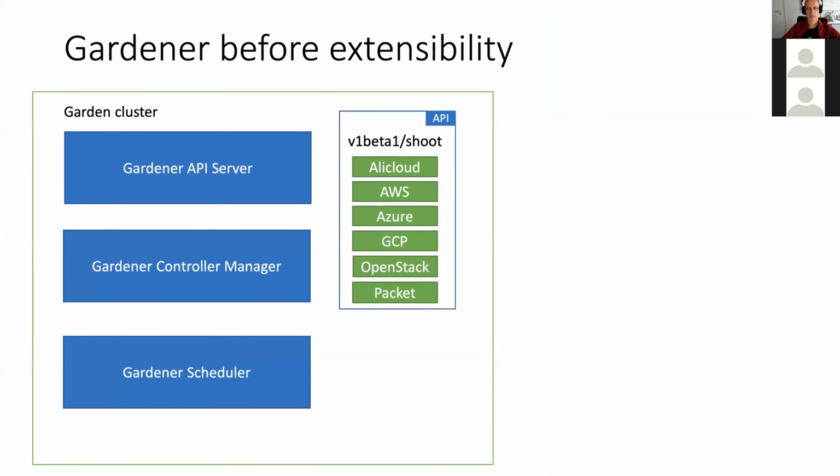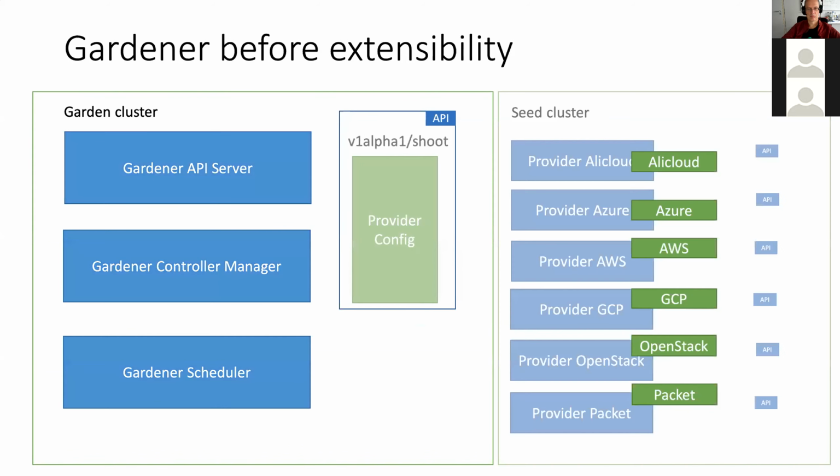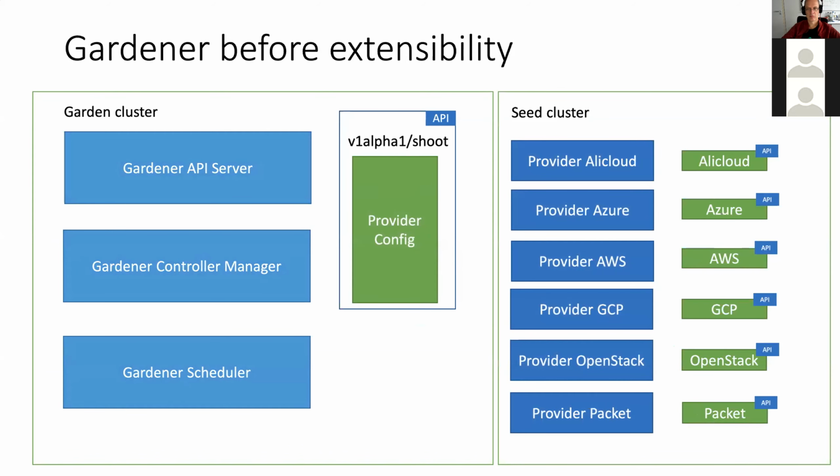What we wanted to do with extensibility is, of course, move the specific provider APIs out to each and every specific provider. You see on the right side, in the seed cluster there are different providers, for example for AliCloud, Azure, AWS, GCP, and so on. Each provider has its own specific API.